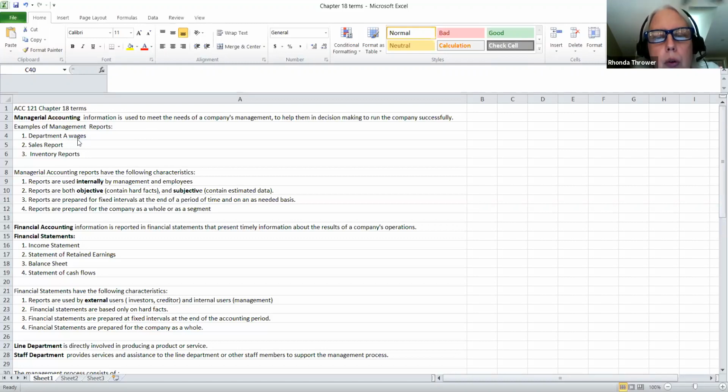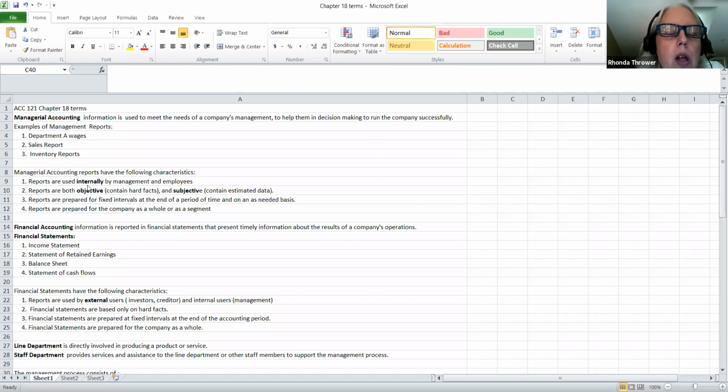We might want to prepare an inventory report. A managerial accounting report is anything that management asks us to prepare. So things like budgets, those are managerial accounting reports, and we'll be talking more about those as we go through this particular course. All managerial accounting reports have certain characteristics associated with them.